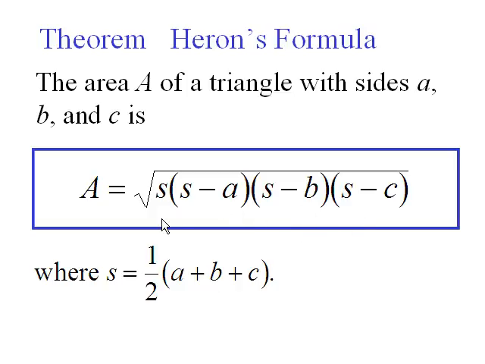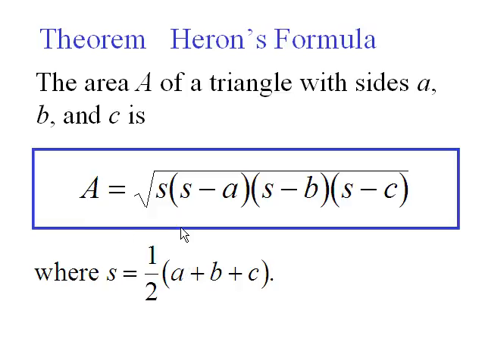So the right units for S and S minus A and S minus B and S minus C are all length units. So we've got 4 length units, say inches. So that would be inches to the 4th power, and you're taking the square root of inches to the 4th power to get square inches out. So at least there's that consistency that Heron's formula produces units that are consistent for measuring area.